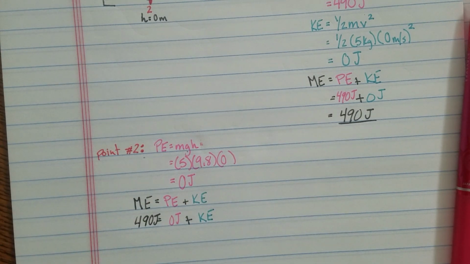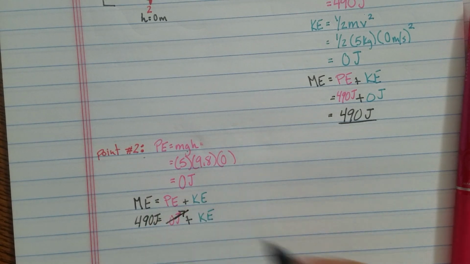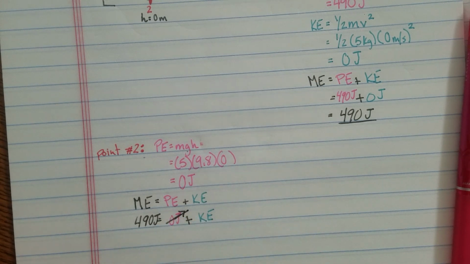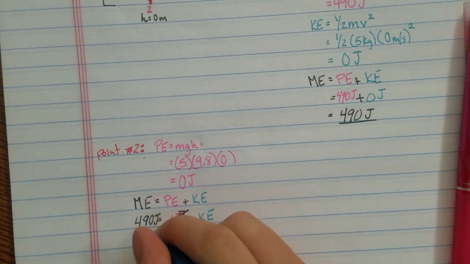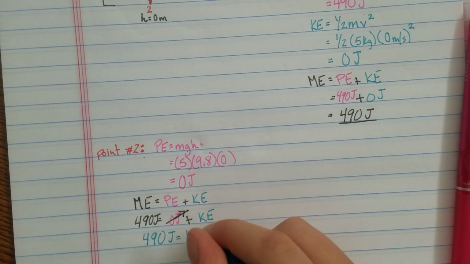So now I've got an equation. I have one unknown. I can solve this. Lucky for us, 0 has no effect. So we could cross that out. And what we're left with is 490 joules of kinetic energy.